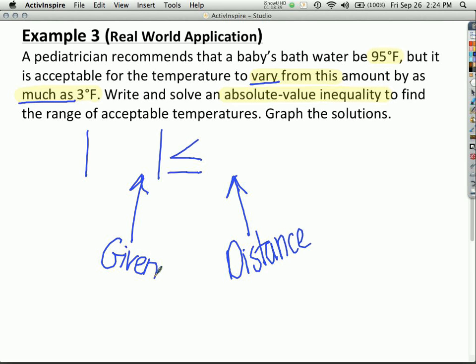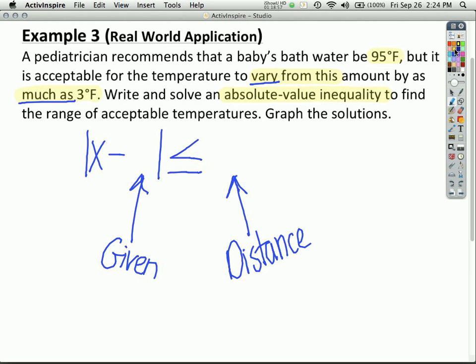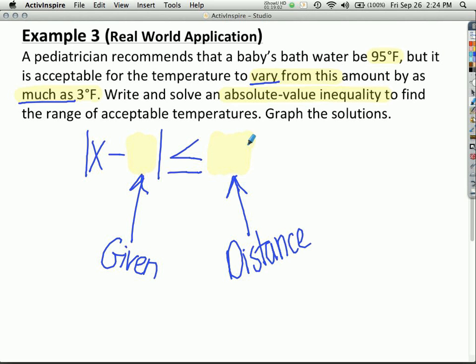And when I say given, I'm talking about the number that's the one that we're really looking for, the one that the doctor recommends. It's the recommended number. And then right here, you're always going to put a variable and then a subtraction sign. So you just have to worry about two locations. You have to figure out what goes here and what goes here. You have one number here, one number here. You just have to figure out which one goes where.